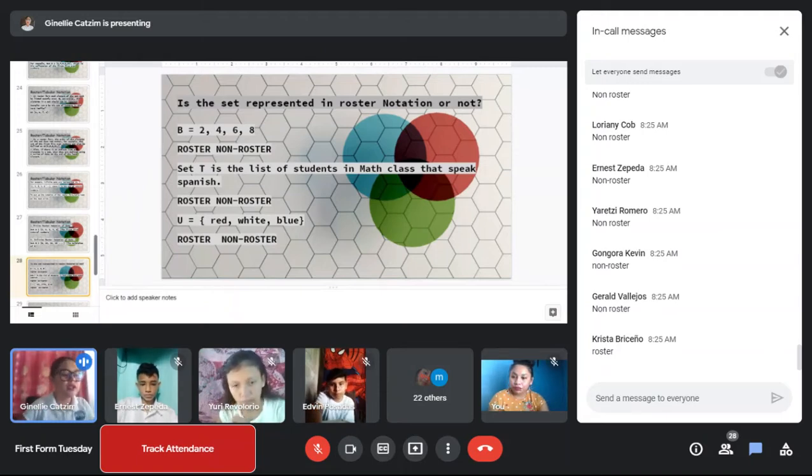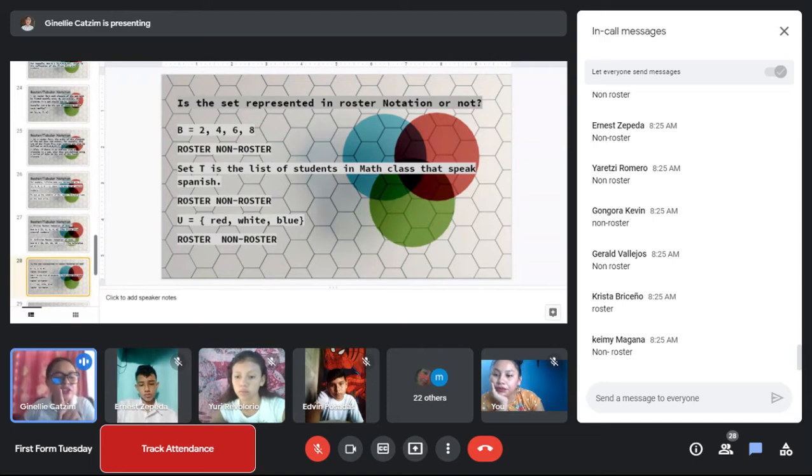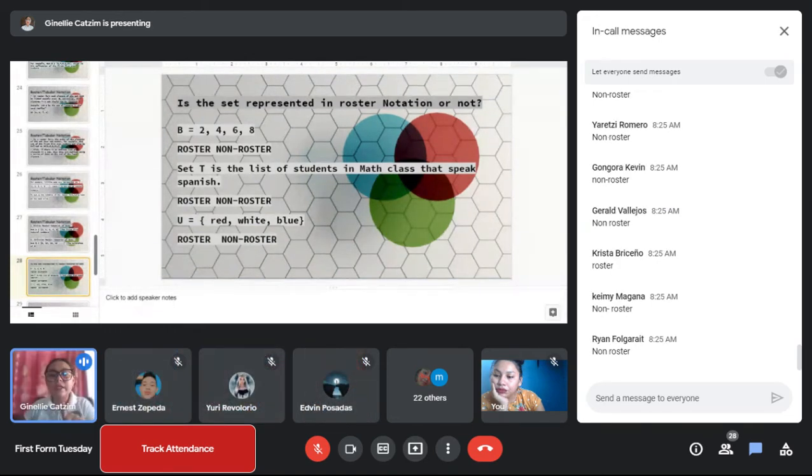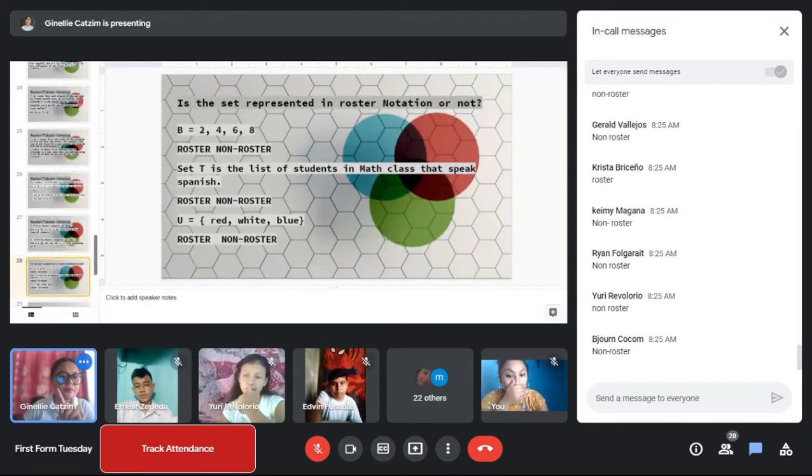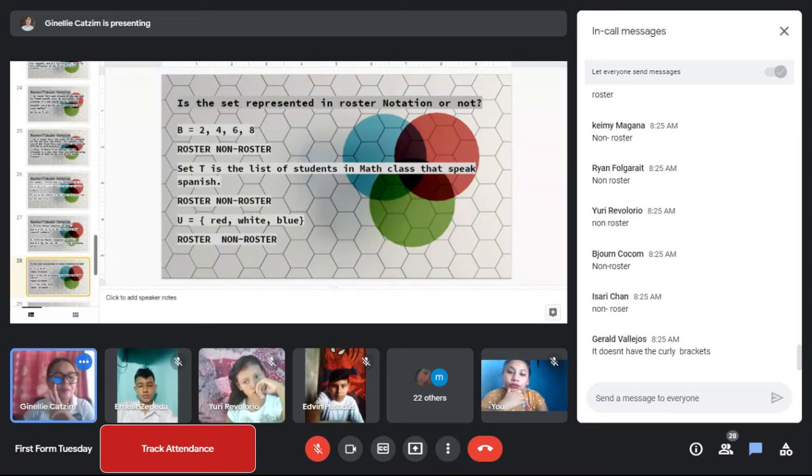Okay, many of you are saying non-raster and some are saying raster. Remember the key features of a raster, right? I just covered that. Set B has a name, right? It is separated by commas, but it is missing something, right? What is it missing? The brackets.